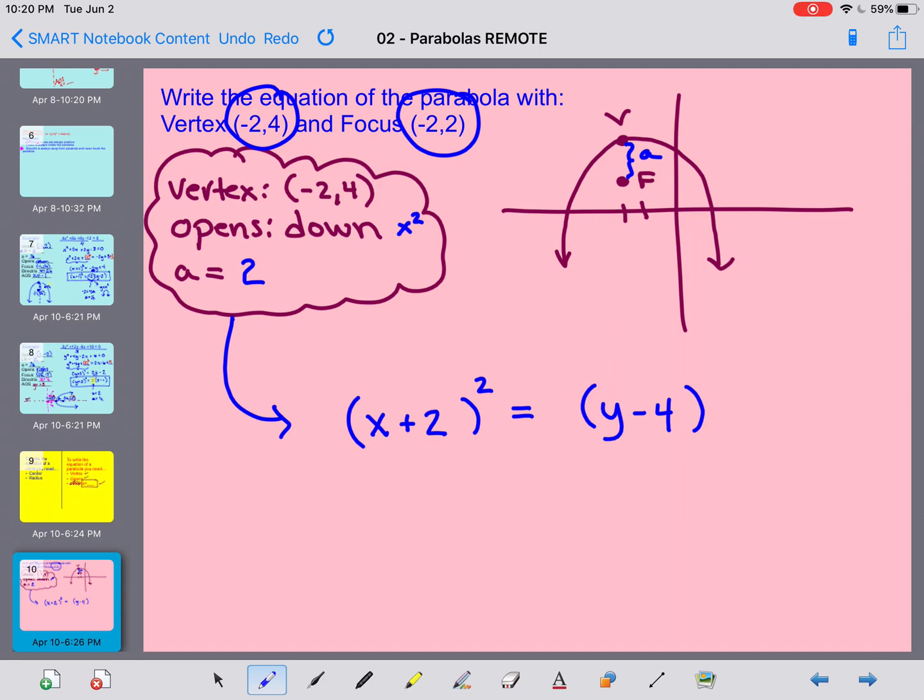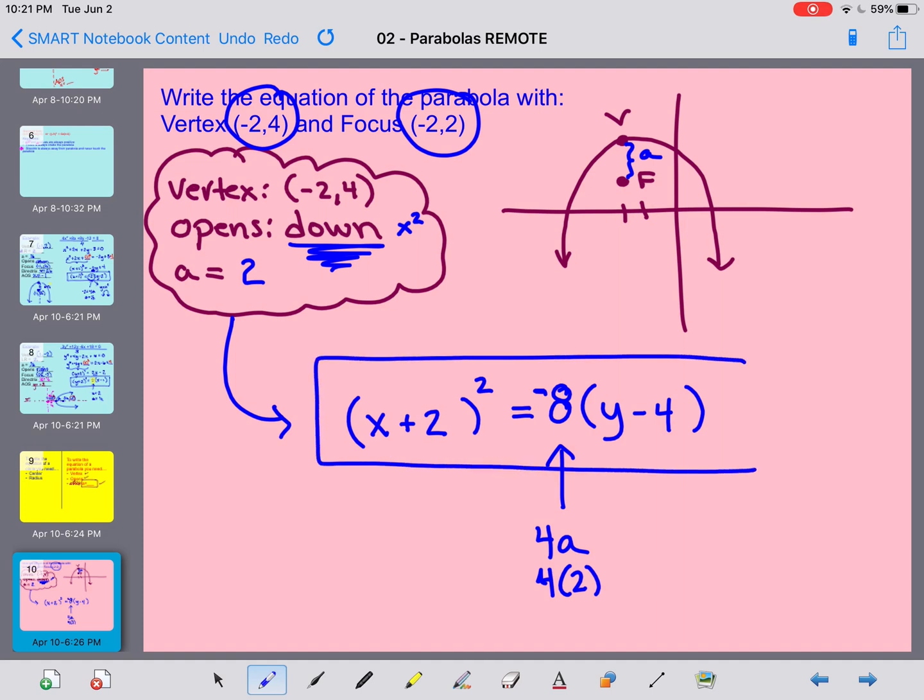I then need to put this number in front. That's my 4a value. My a value is 2, so 4 times 2 is going to be an 8. And then last, I check to see, do I need a negative sign, yes or no? Because it opens down, yes, I need a negative sign. So I'm going to add a negative to that 8. Final answer.